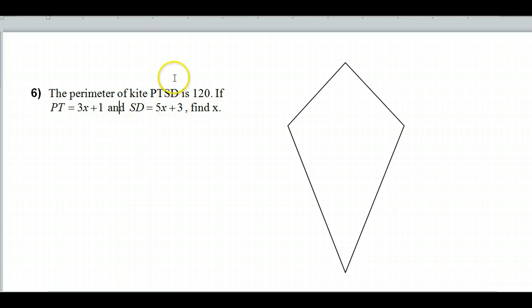The perimeter of a kite, PTSD, is 120. I should say that I don't really know. I mean, I say it's a kite, but I don't know which ones are congruent right now. I just know it's a kite.